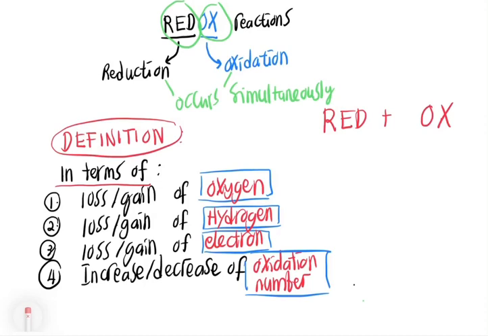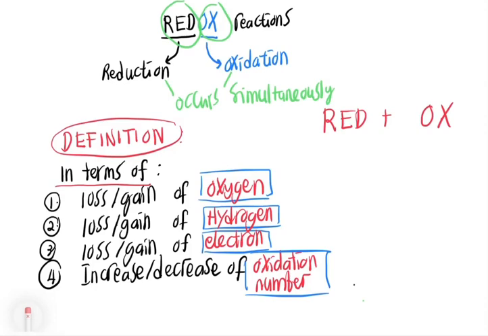Okay, so defining redox reaction in terms of 1, loss or gain of oxygen, 2, loss or gain of hydrogen, 3, loss or gain of electron, and 4, increase or decrease of oxidation number.